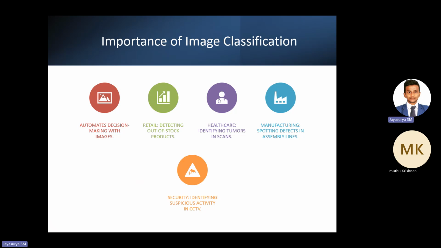And at last, we use it for security purposes, to identify suspicious activity on CCTV. We cannot be present all the time in an important place where you have jewels or valuable things stored securely.